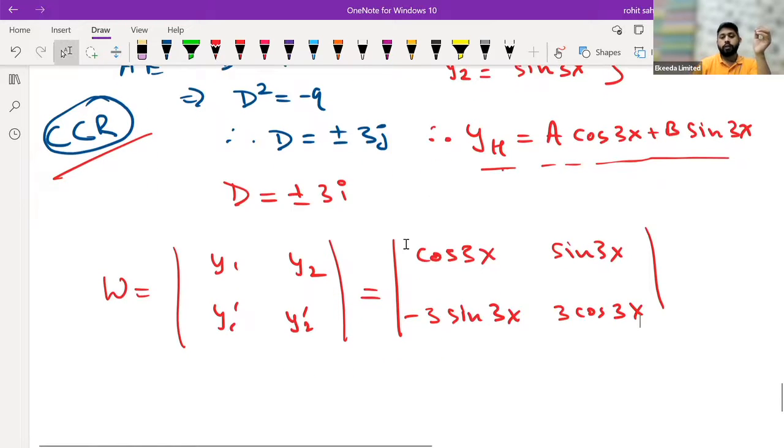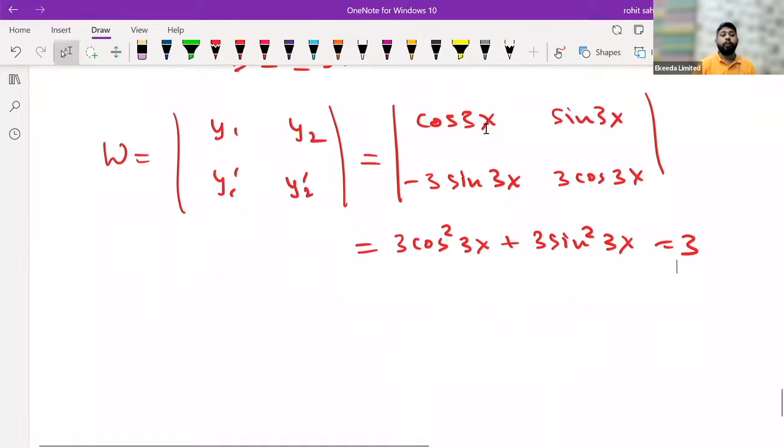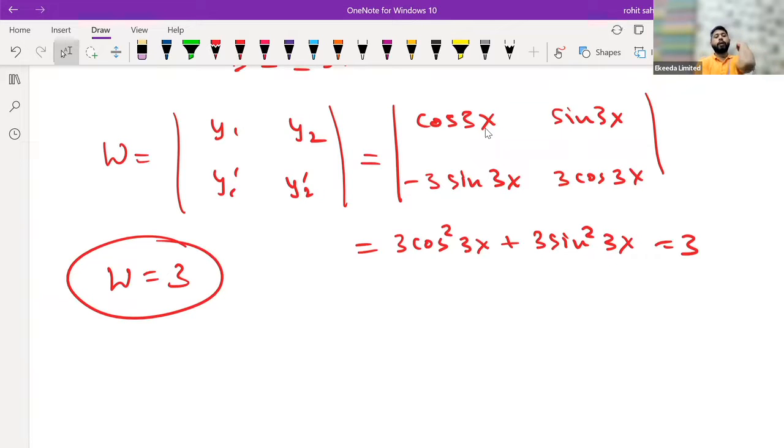Then it is 3 cos square 3x plus 3 sin square 3x, so sin square and cos square becomes 1, and that's 3. So Wronskian निकाला, मैंने कहा ना, there will be 1 or 2 marks question directly only for Wronskian. For that you definitely need y1 and y2, and then you can find your W. Now you found your W.